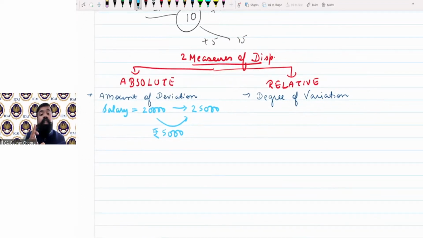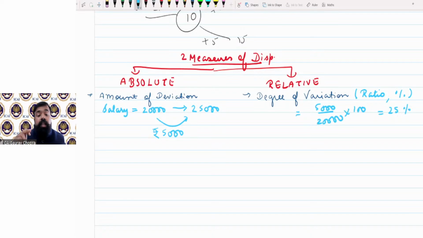But in relative measure, the same information we are having, but the presentation is different. Degree of variation means in ratio. We are calculating the data in ratio or in terms of percentage. Salary is getting increased from 20 to 25,000, but we will write here 5,000 upon 20,000 into 100. That is 25%.